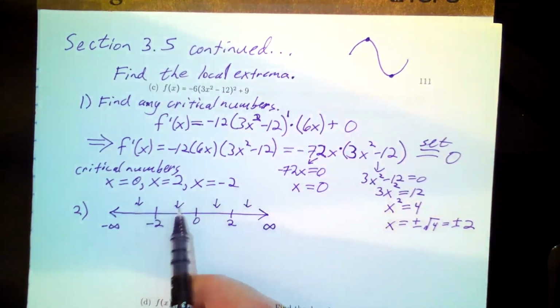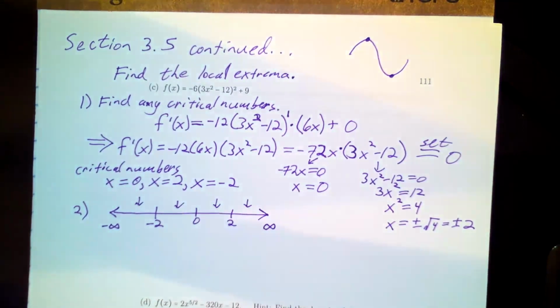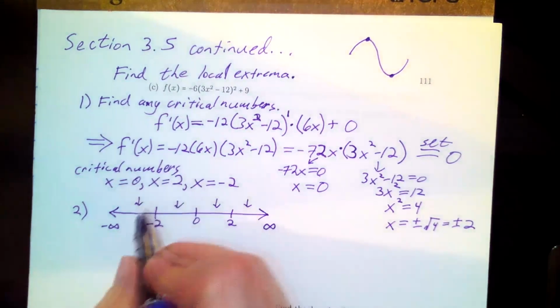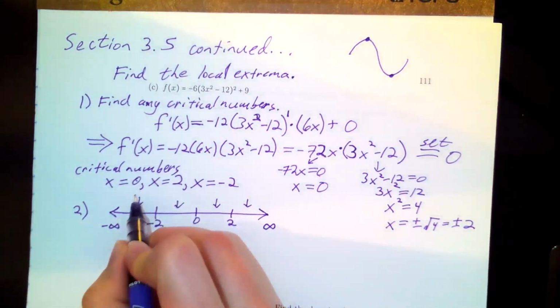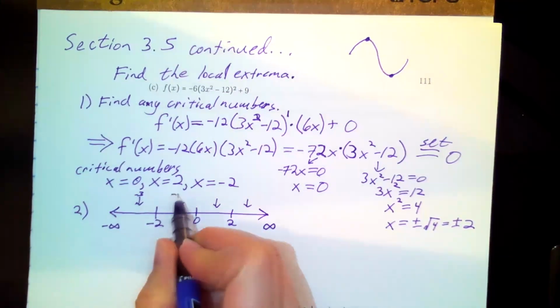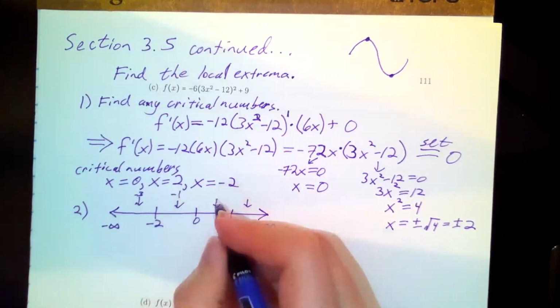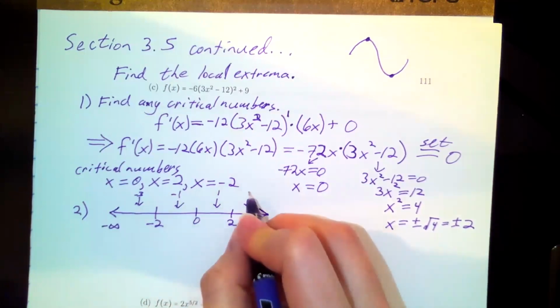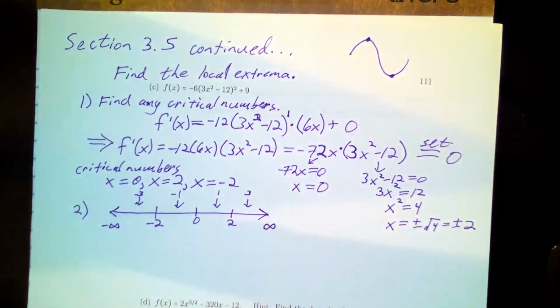So I'll have 1, 2, 3, 4 test points, and you can pick any number as long as it's in the middle between there. So let's say that we pick -3 to be in this interval. Let's say that we pick -1 to be in this interval. +1 is my test point between this interval, and maybe +3 is my test point for that interval.